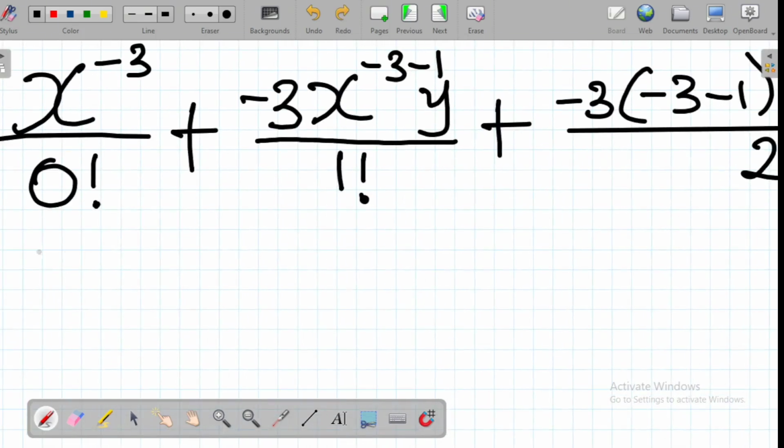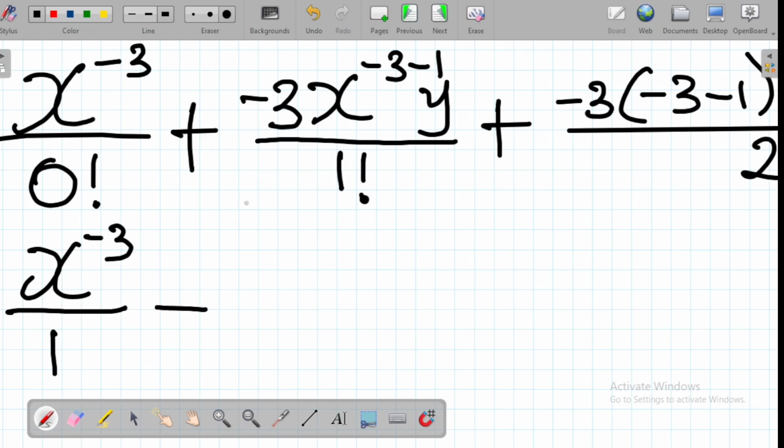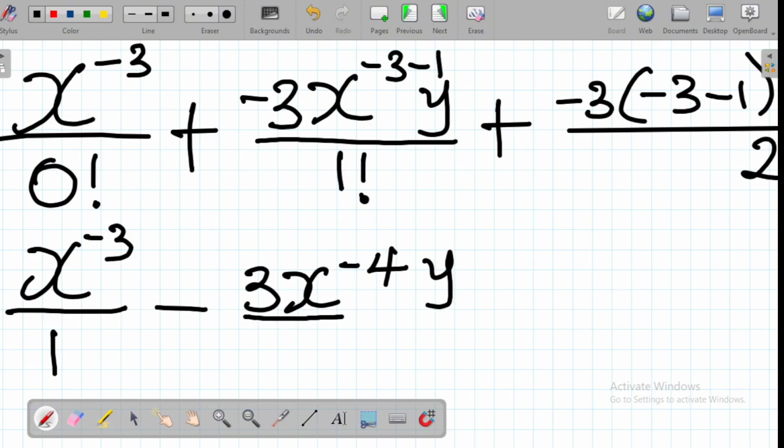So here we have x raised to power negative 3 all over 0 factorial is 1 and then minus, because plus and minus becomes minus. So minus 3x raised to power negative 4 because minus 3 minus 1 is negative 4. And then attach y all over 1 factorial is 1.